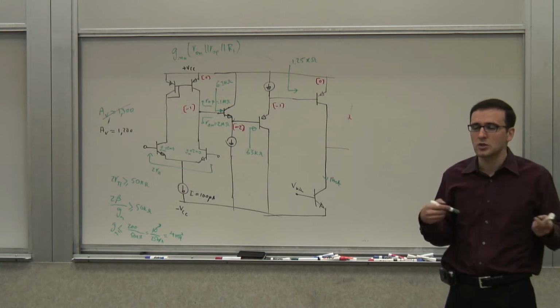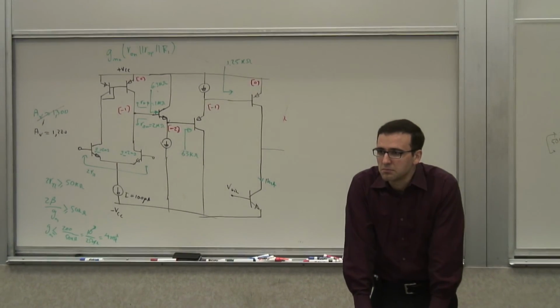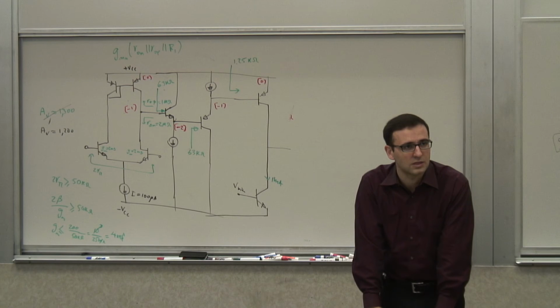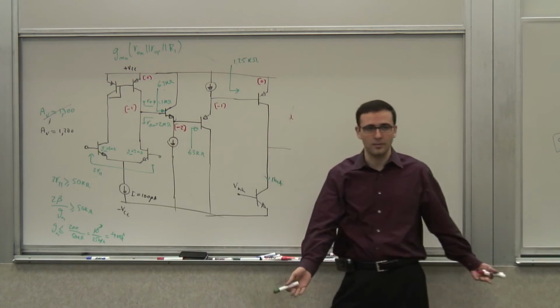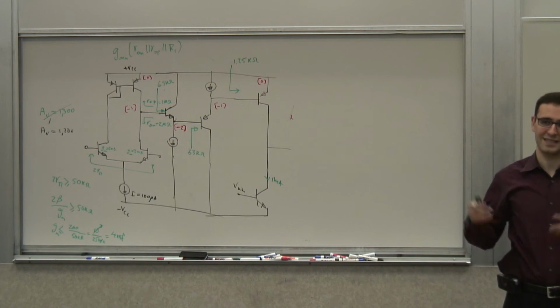Right? So would one buffer stage be enough? Let's say, how high would it get my impedance? One buffer stage, one common collector, or emitter follower stage, same thing. It brings up the impedance by a factor of what? Beta, right? That's what we did here, right? Beta, beta, beta. So it gets 50 ohm to a beta, multiplied by beta, let's say 100.